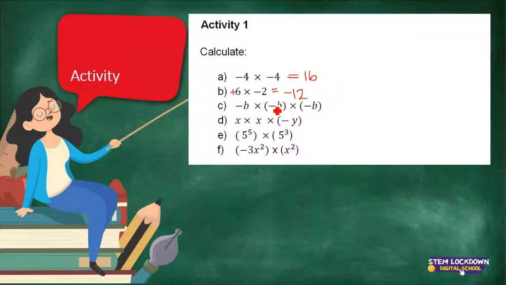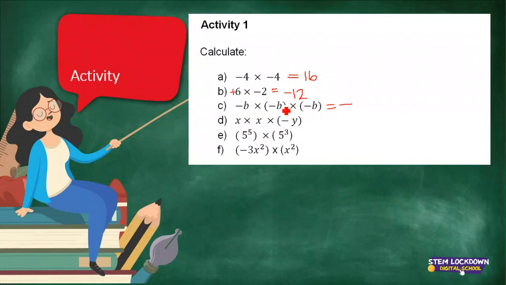The answer will be positive. Very good. So negative times negative is positive. But now positive times a negative will be a negative. So your answer will be negative, because negative times negative is positive, and positive times negative, the answer is negative.